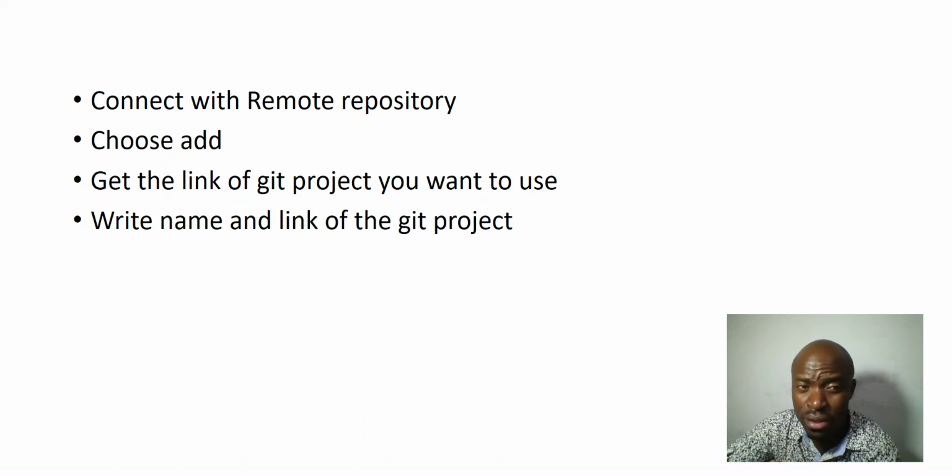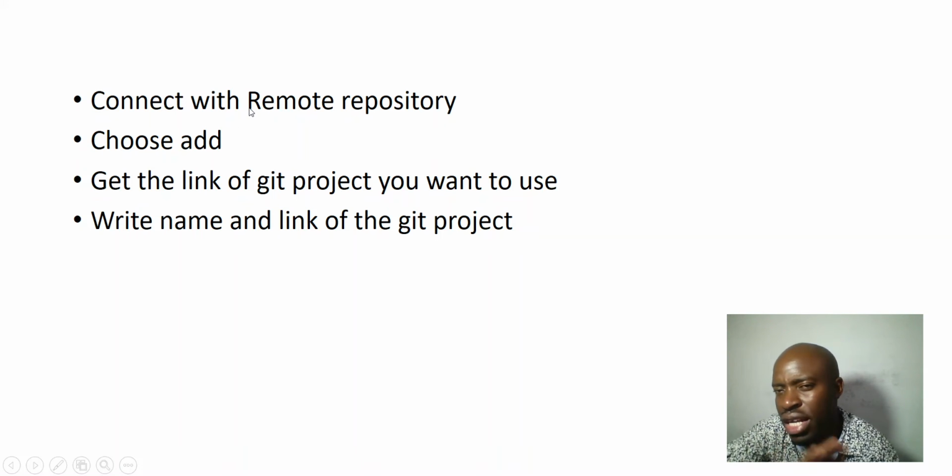So the next thing is to connect with a remote repository. That's where you need to go online, open your GitHub account, create a new repository, and get the link of that new repository. Now you can connect that to this particular offline project, so you connect offline and online.